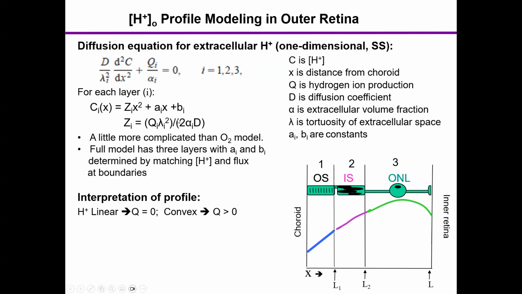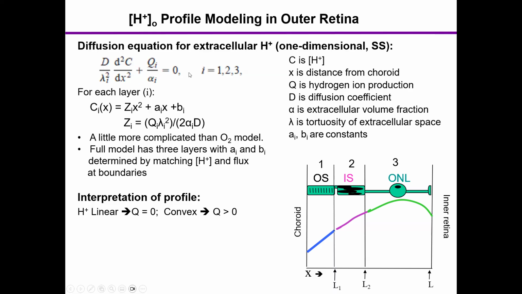So here we have to take into account the extracellular volume fraction and the tortuosity of the extracellular space. This follows the work of Charles Nicholson, who did a lot of these experiments in the brain. The basic equation is this one-dimensional steady state equation for hydrogen ion diffusion and production.